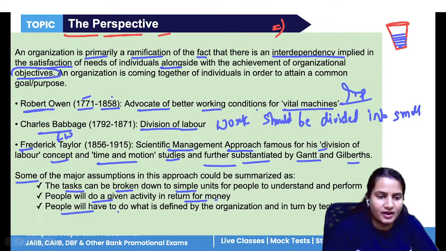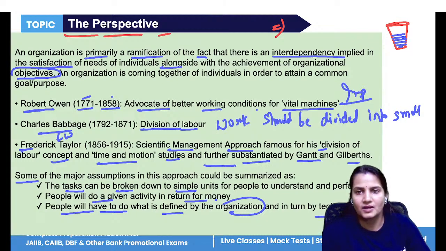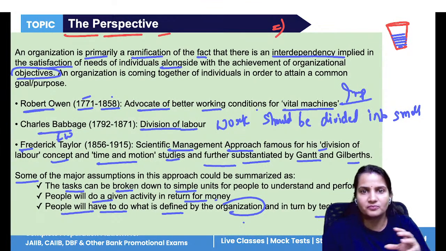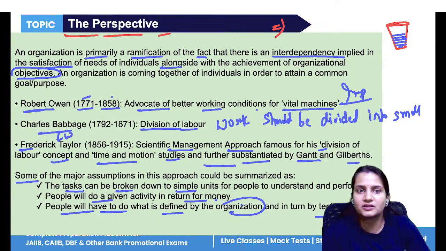And people will have to do what is defined by the organization, in terms of technology. If you are asking your people to perform this work, and that task, that method is very old, then people will have to adopt new methods, new technology in the business so that goals can be achieved in a smooth manner.